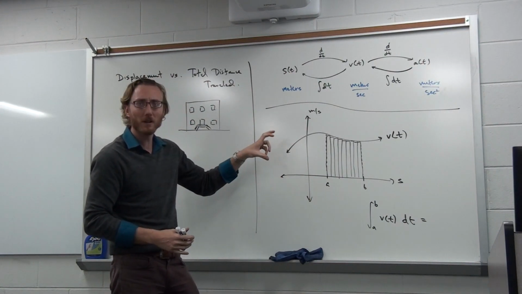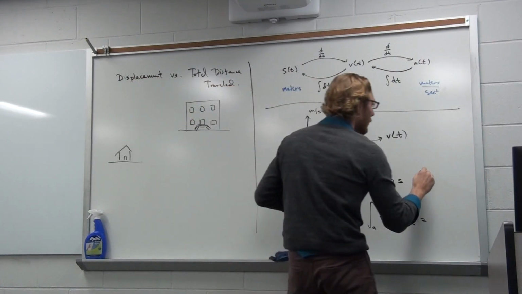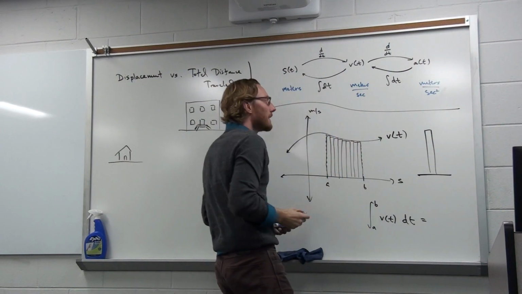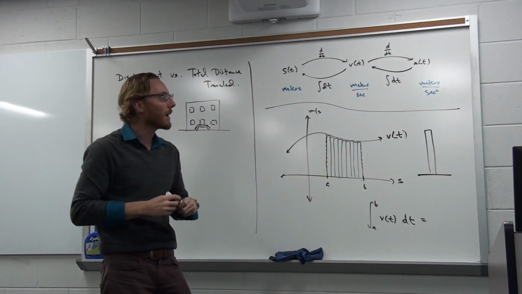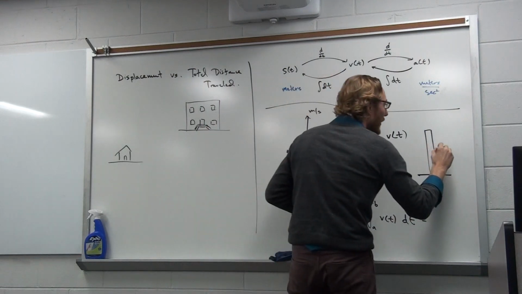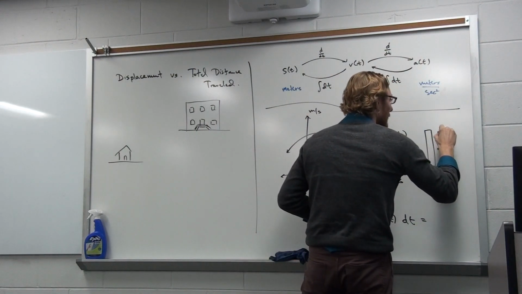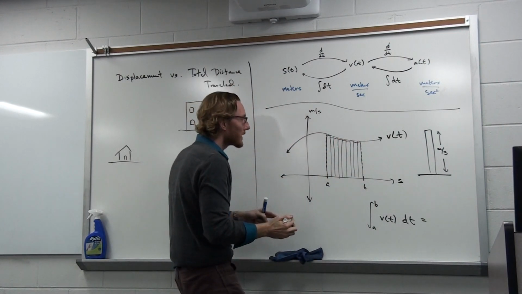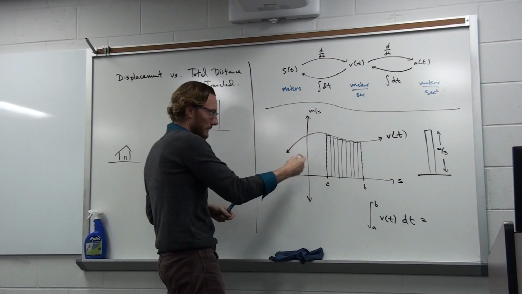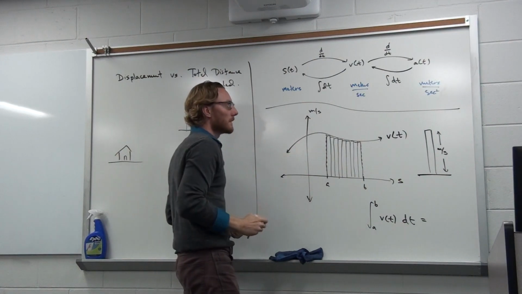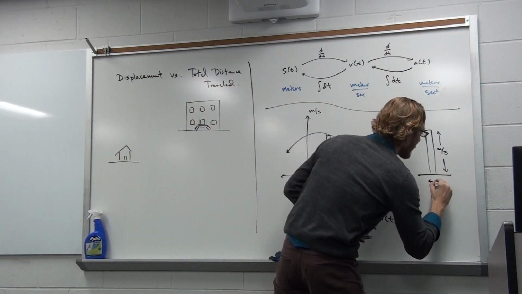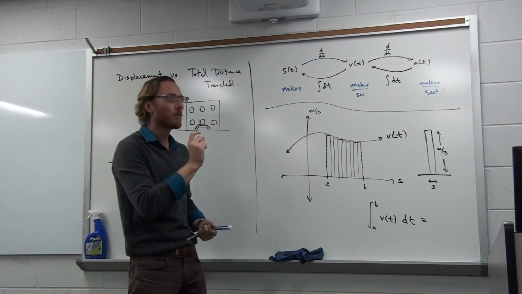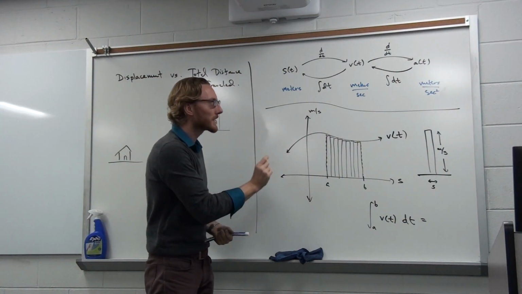Horizontal, seconds; vertical, meters per second. So when you look at every rectangle, which would be capturing some amount of area, the height of each rectangle is in meters per second. Because this being the velocity function, the height of the function gives you information about the velocity. The width of each rectangle would be some chunk of the time axis, which would be some number of seconds.